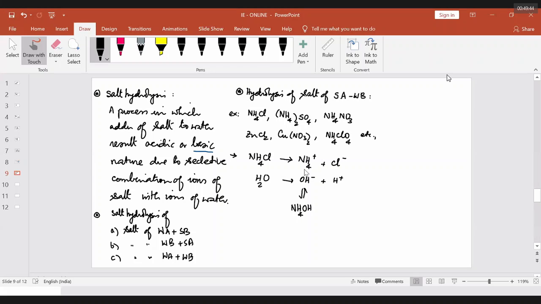Selective ions of the salt react with ions of water. Which is the selective ion? Cation. This implies cationic hydrolysis. If cationic hydrolysis takes place, the cation of the salt should react with the anion of water. Hence, this H plus ion says, hi, how are you? It's the chloride ion.